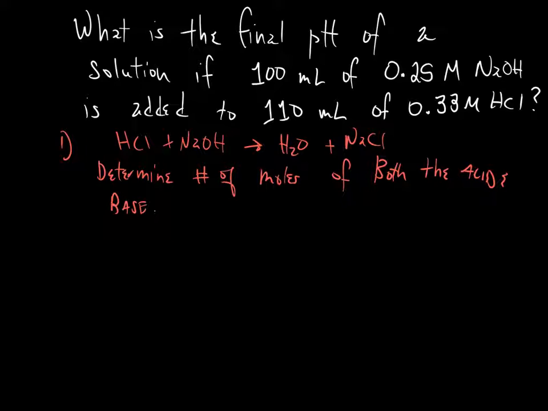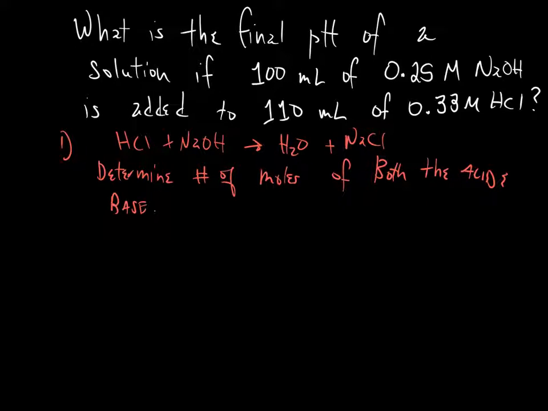Okay. So I'm going to do the base first. You want to always convert everything into the generic units like liters and grams and all that kind of stuff. So we want to convert everything into moles and liters.